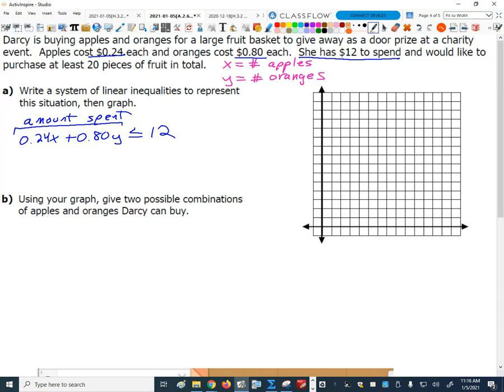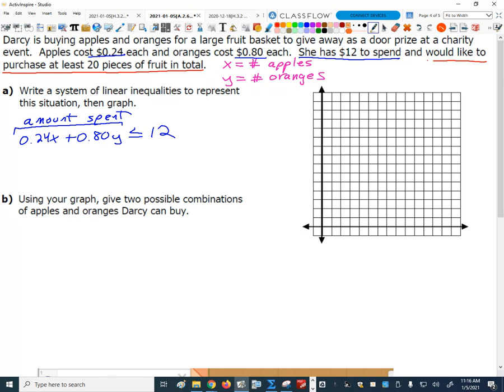Good job. Okay, there's another piece of information up here. She would like to purchase at least 20 pieces of fruit. So would 25 be okay? Thumbs up, thumbs down. Sure, that works. What about 20?